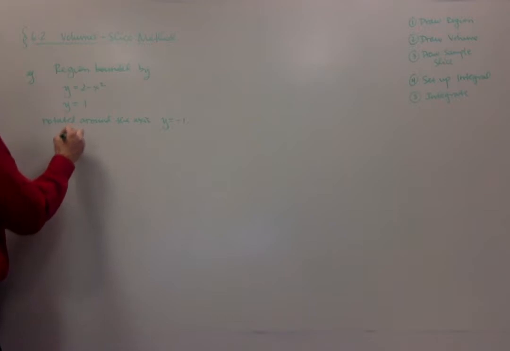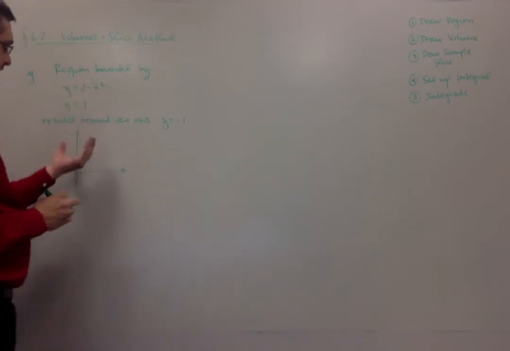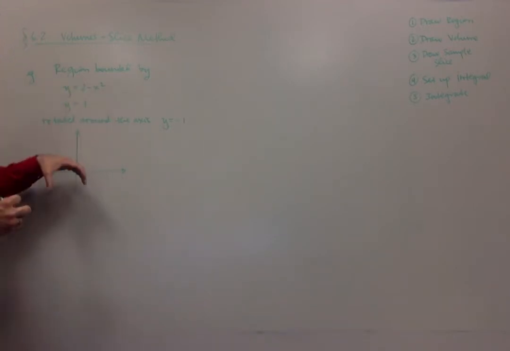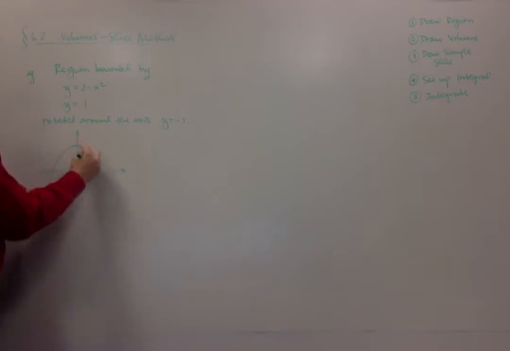So let's start. Again, we always start by drawing our region. So 2 minus x squared, if you remember, x squared looks like this, negative x squared looks like this, and then we go up 2. So here's our 2 minus x squared. And then y equals 1 is right here.